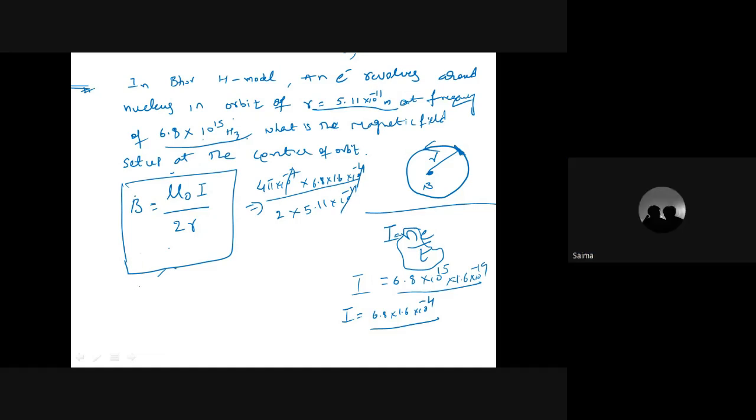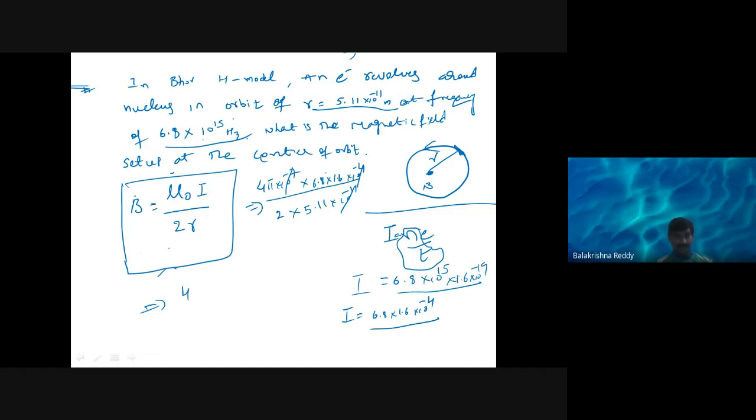So if we write 10.88 for the current value, then we can easily cancel it. 2 into 5.11 is in the denominator. Now what I am doing: 2 ones are 2, 2 twos are 4, so 2 pi I keep aside. Nothing is missed, no? Okay.